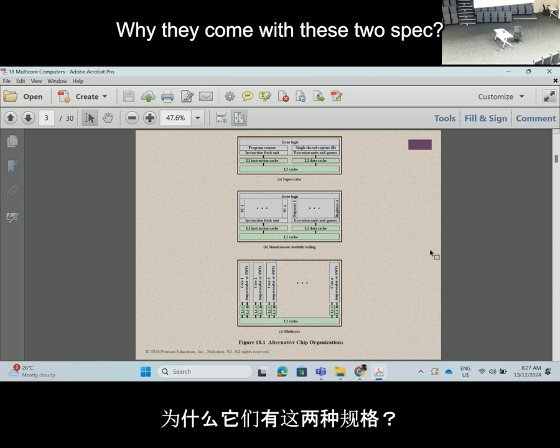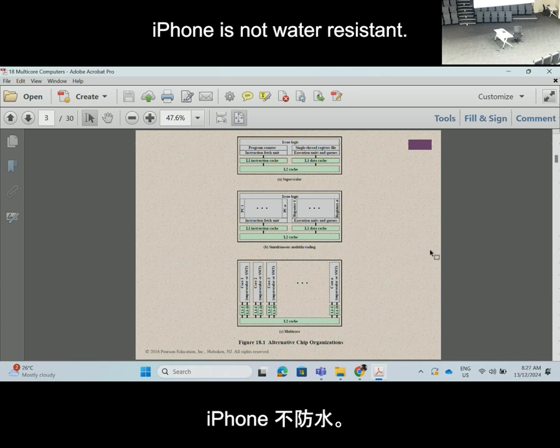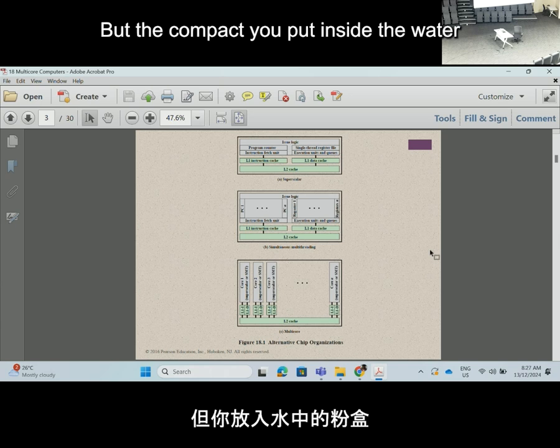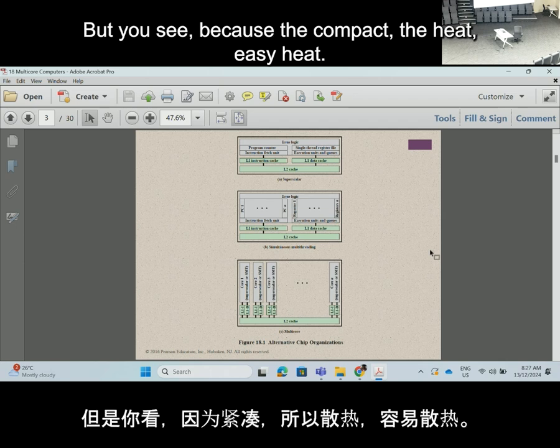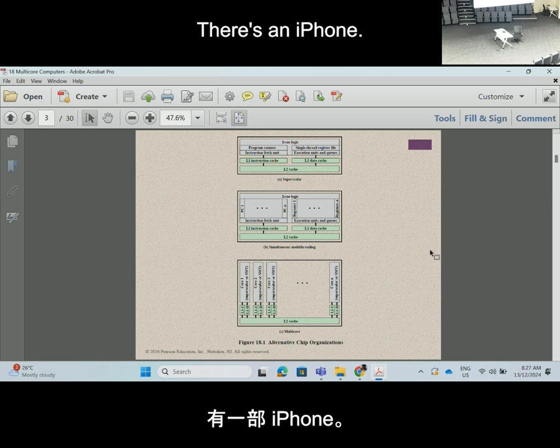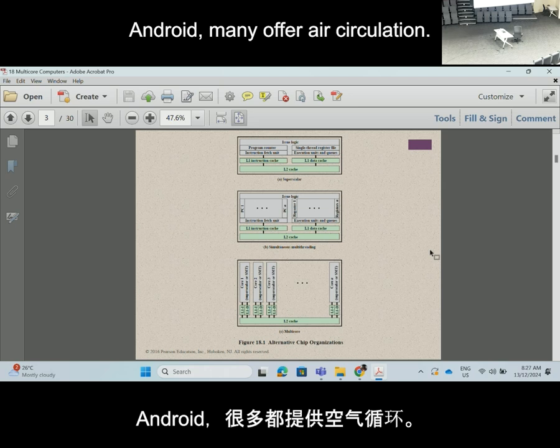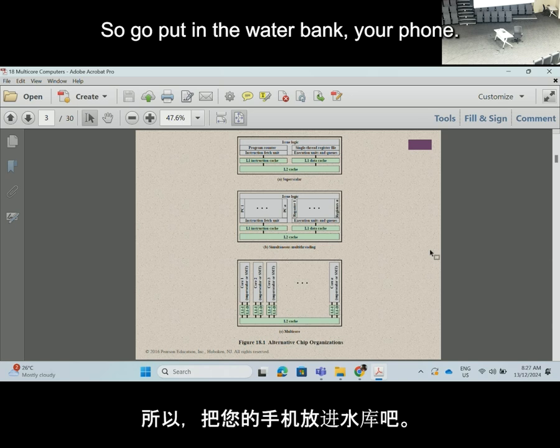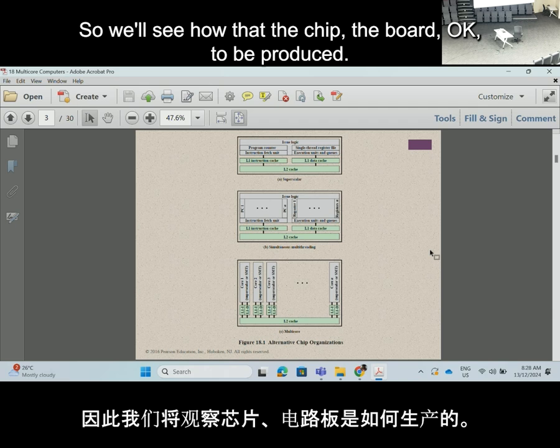The iPhone is not water resistant. But because it is compact, you would think putting it inside water should be no problem. But because it is compact, it heats up easily. That's the iPhone. Android has a lot of air circulation. So if you put it in the water, bang, your phone. So we'll see how the chip and the board are produced.